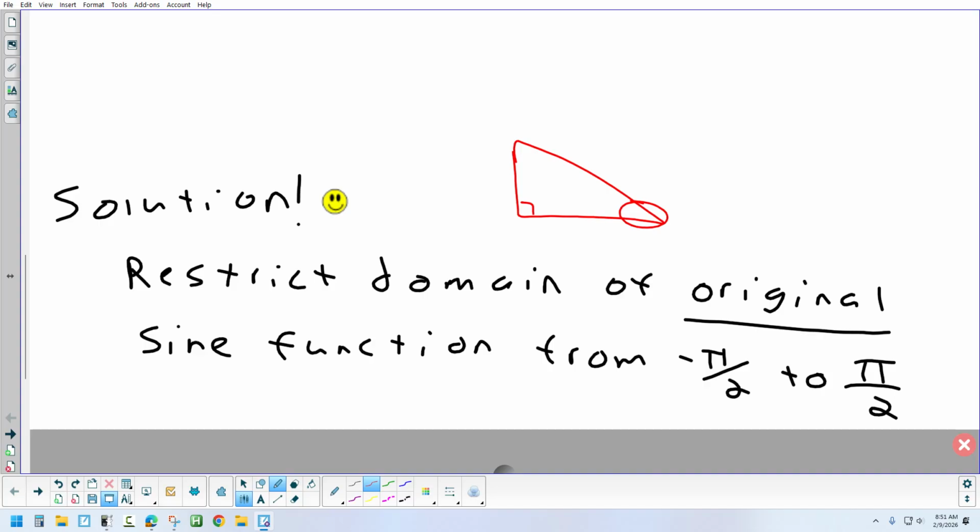It has to be less than 90, because it's acute. All the angles in a right triangle have to add up to 180. And this is automatically going to be less than 90. So is this one. So is limiting our angles to only be between negative 90 and 90 a problem? No, not when we're dealing with right triangles. This restriction is perfectly fine to do.